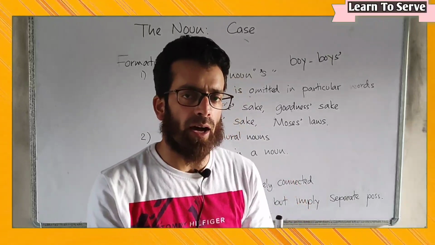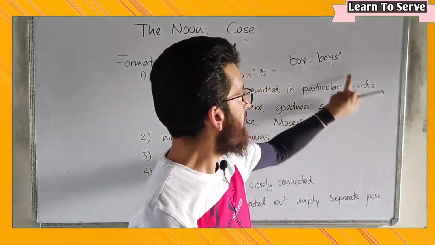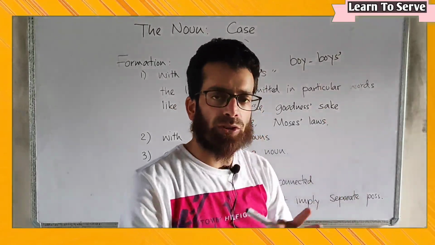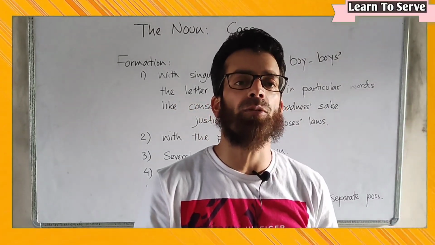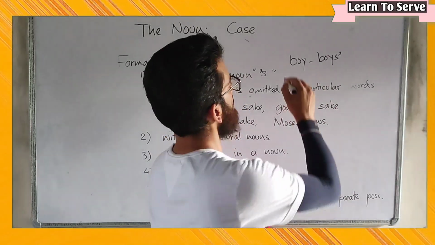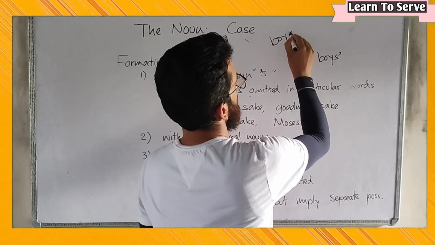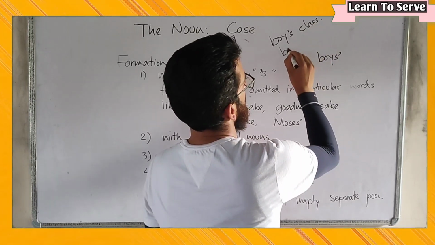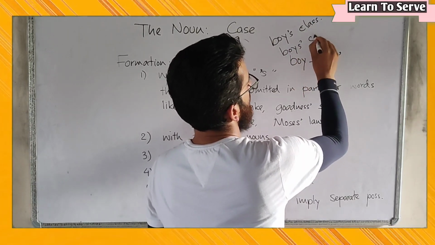All those plural nouns that end with s, you have to put just apostrophe, and your job is done. You do not need to mention apostrophe s. Boys, for example, boys' class and boys' college.